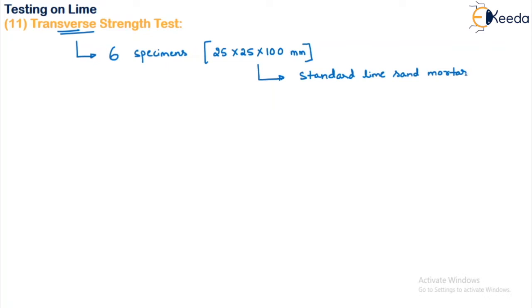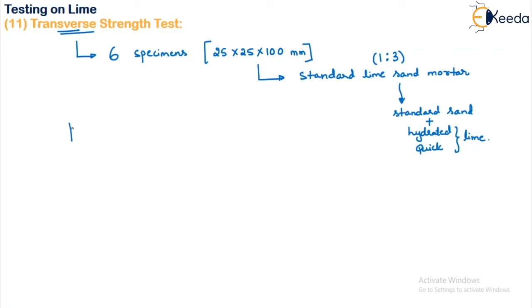Why do we call it a standard lime sand mortar is because we will use the standard sand for preparing this, and either we will take hydrated lime or the quicklime in order to prepare this mix. Also the ratio we use is 1:3.